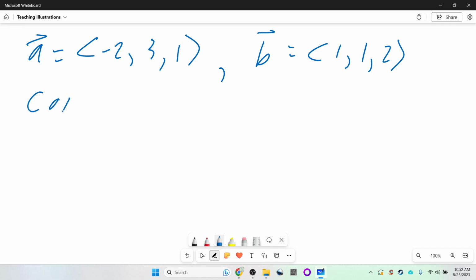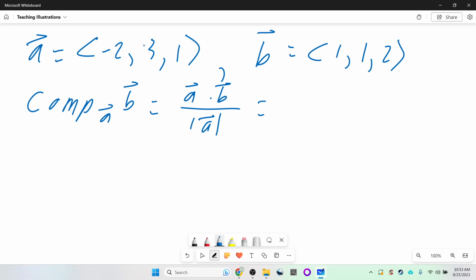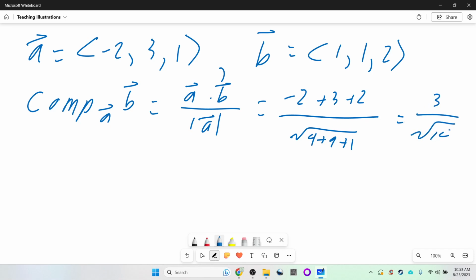The component of B in the direction of A is A dot B over length of A. Well, A dot B will get negative 2 plus 3 plus 2. Then length of A is square root of 4 plus 9 plus 1, which would give us 3 over root 14.